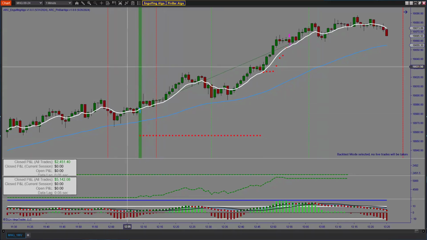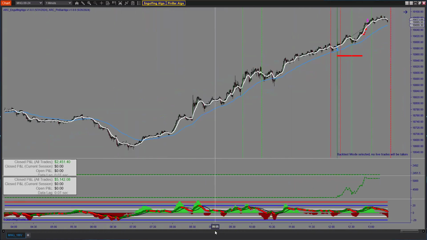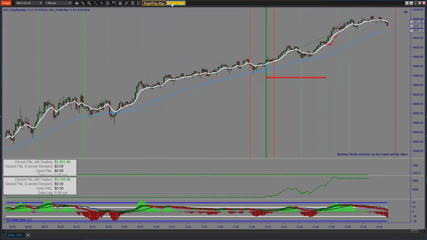And so if you see this and you go, I really don't want to take reversals on this market, what do you do? You go to your pin bar and you turn it off. And it's only going to trade trends with engulfing. But if the market decides to start oscillating, you have trades that you can take in both directions. Or if it's really oscillating, you can say, I'm going to turn engulfing off and only trade with the pin bar at the highs and lows.